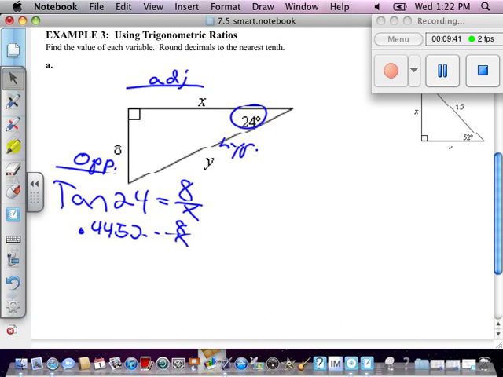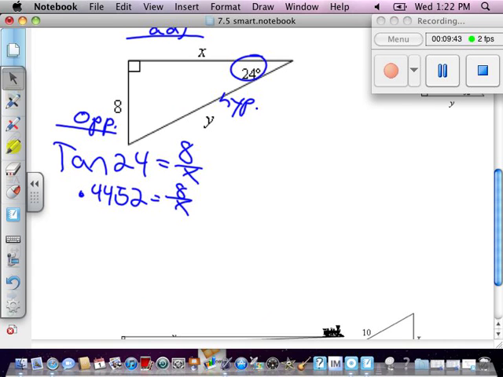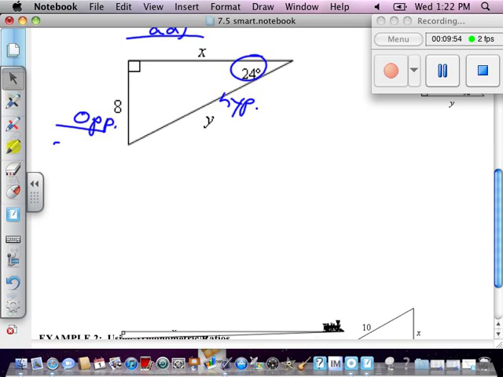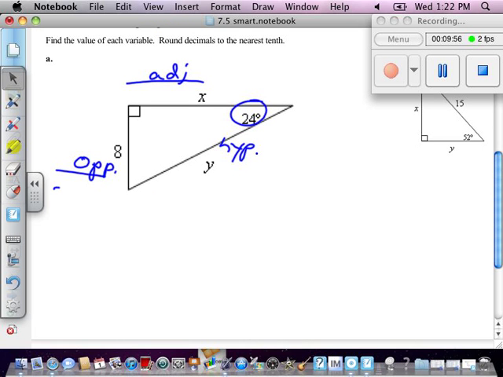And we are going to look at this. So what we're going to do now is we're going to find y.